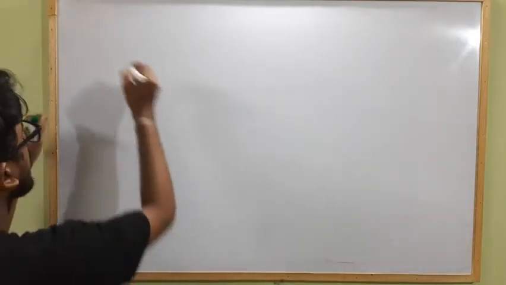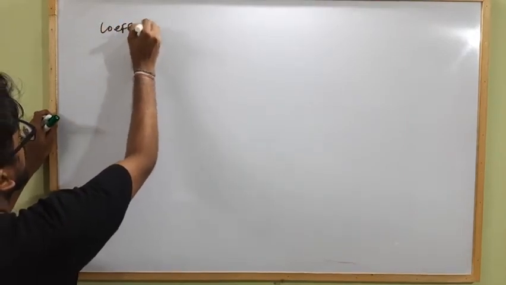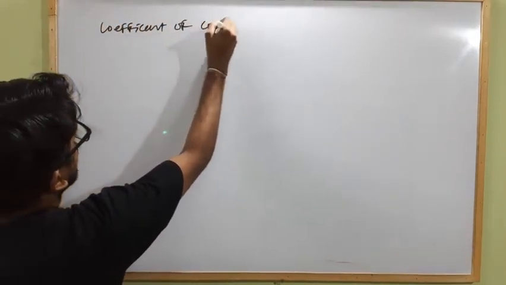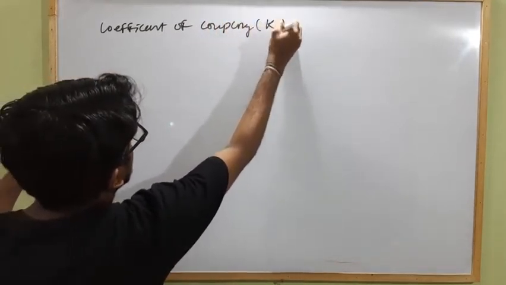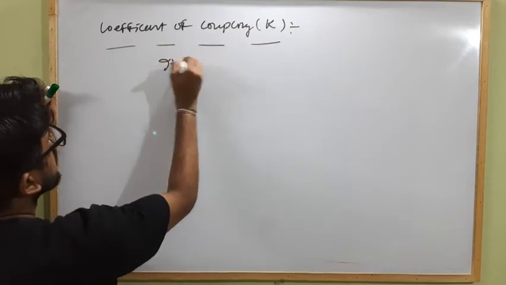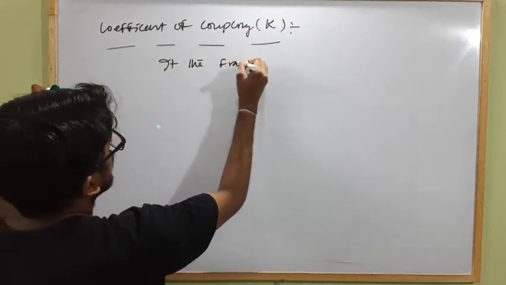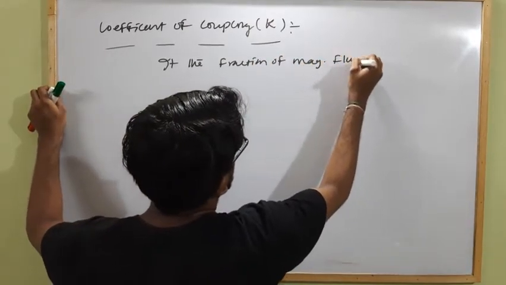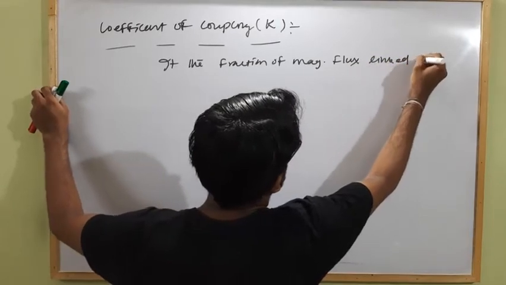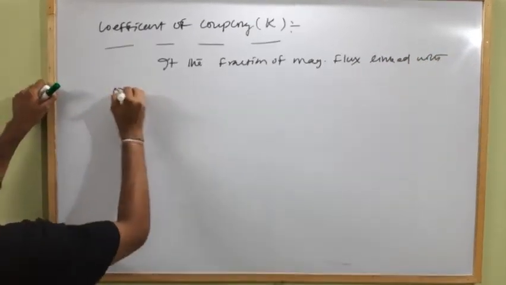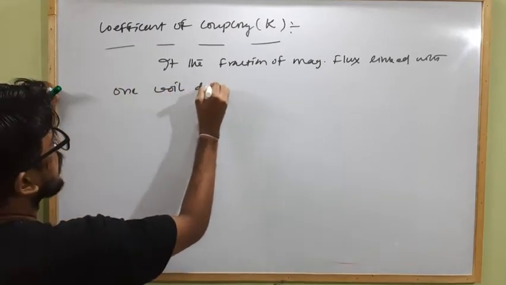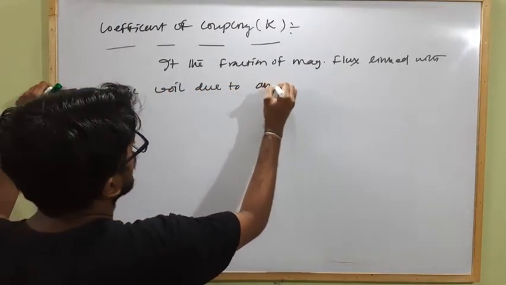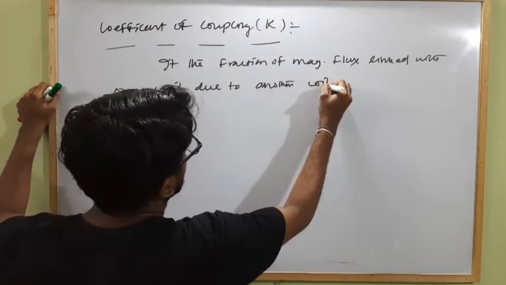So next we are going to discuss what is the coefficient of coupling, denoted by capital K. It is the fraction of magnetic flux linked with one coil due to another coil.